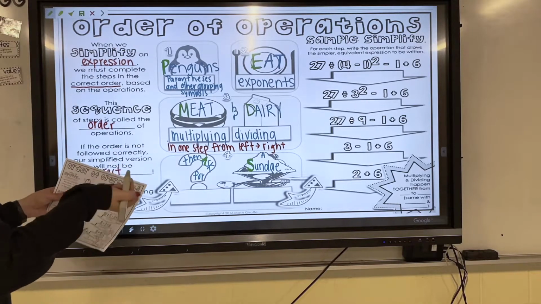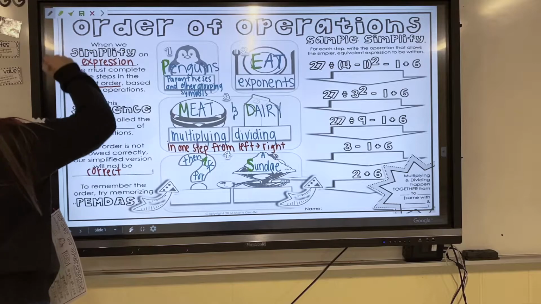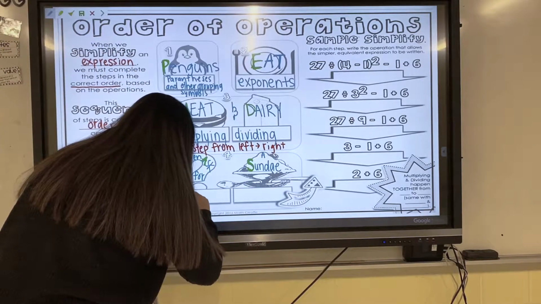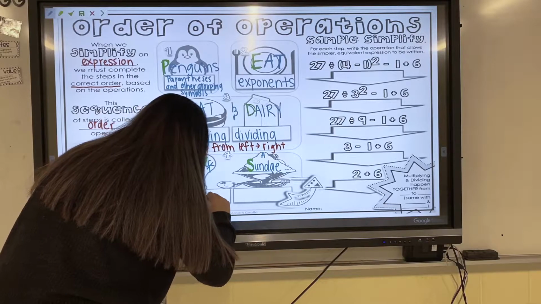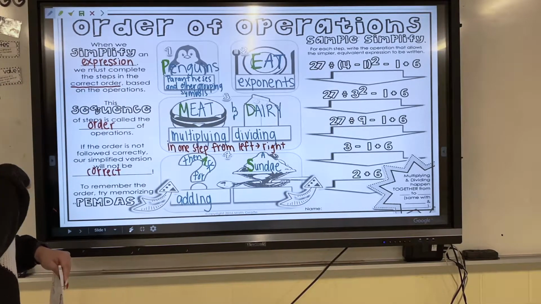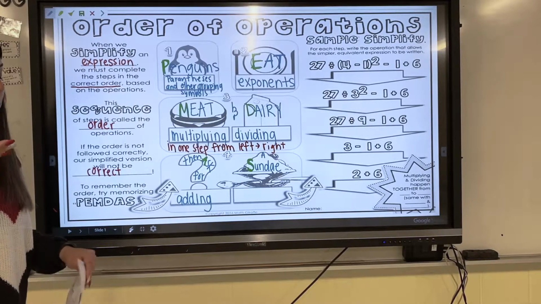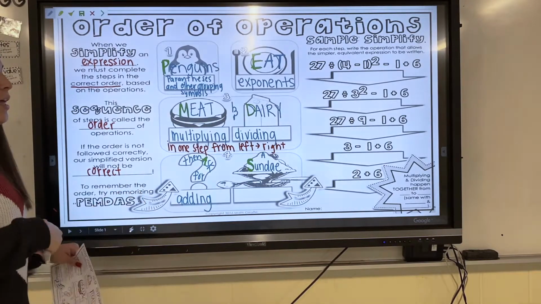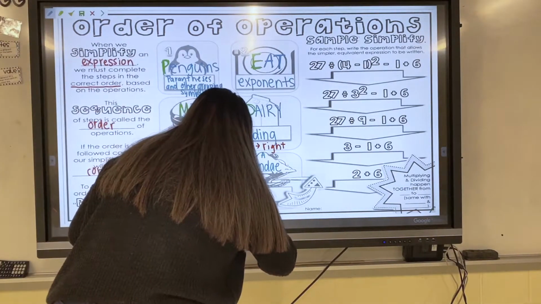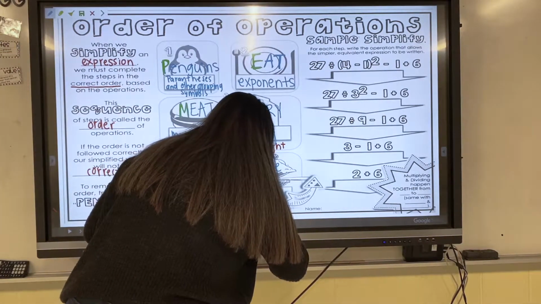So that A represents adding. So the A in PEMDAS means adding, or to add, or addition. The S, you guessed it again, means subtracting.